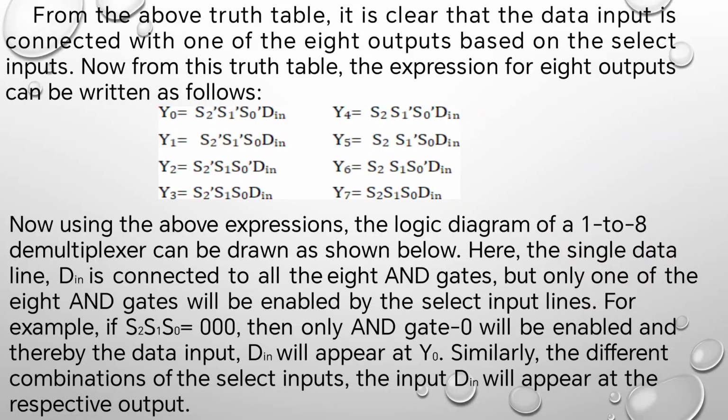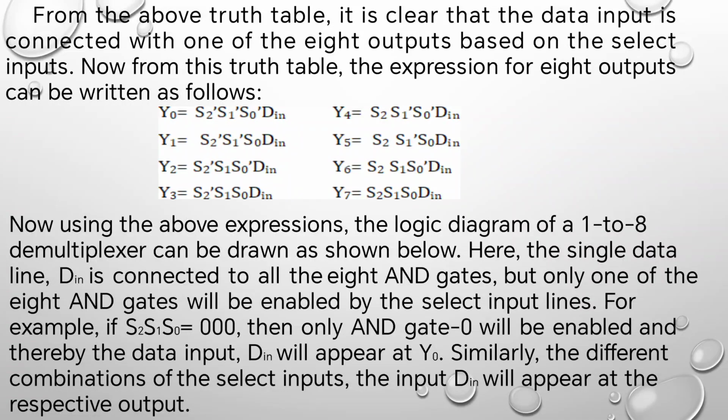Now using the above expressions, the logic diagram of the 1 to 8 demultiplexer can be drawn as below. Here the single data line D in is connected to the 8 AND gates, but only one of the 8 AND gates will be enabled by the select input lines.